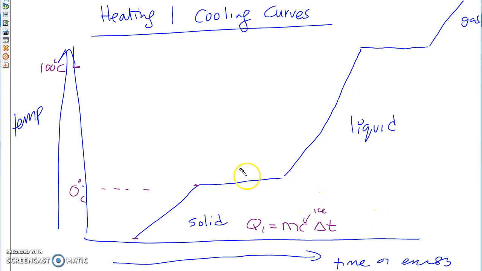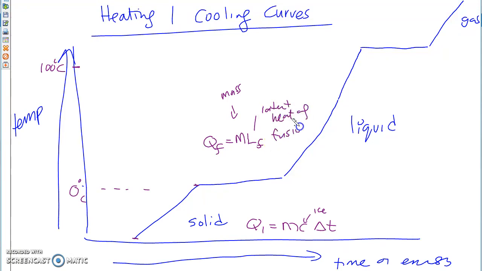This right here is the extra energy needed for you to break the bonds that are between the solid particles so that it becomes a liquid. And this right here is known as QF, which equals MLF. M, of course, is your mass, and LF is your latent heat of fusion.